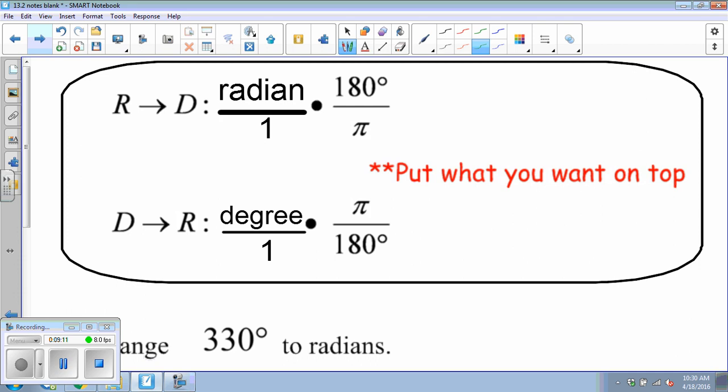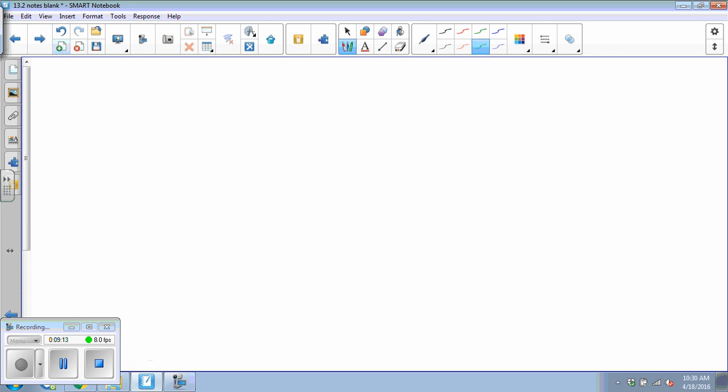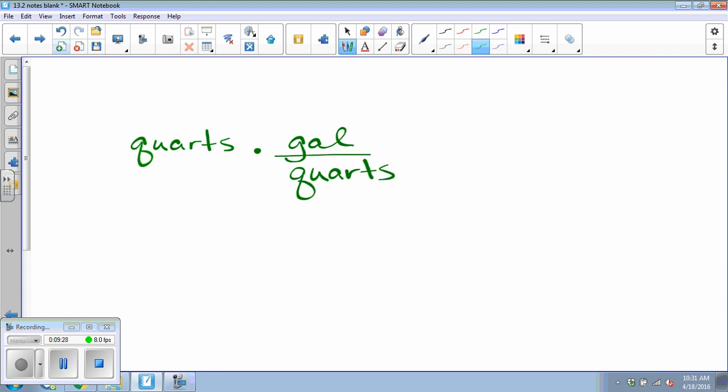This is just an example. So if we had so many quarts, and we wanted to convert that to gallons, you would multiply by gallons over quarts. You would have to multiply times gallons over quarts because after you multiply straight across, your quarts cancel, leaving you with just gallons. Does that make sense?